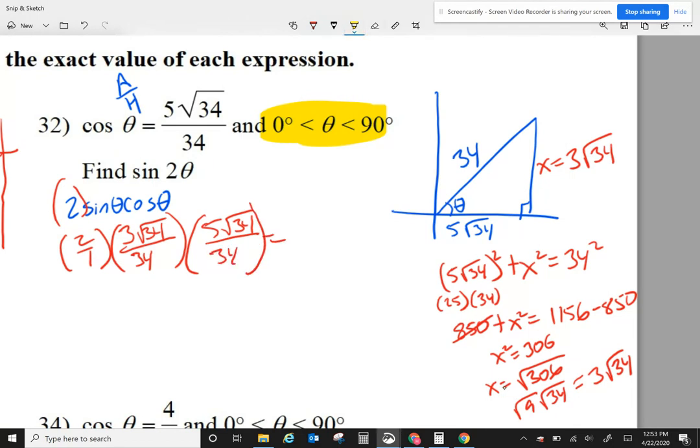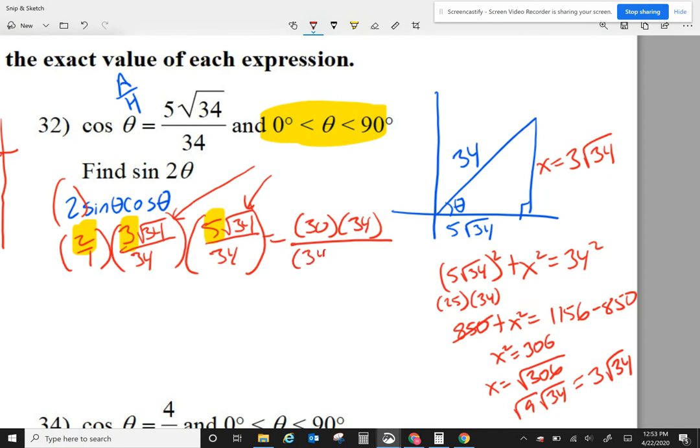All right, so on the top, let's take a look at the big numbers. 2 times 3 times 5, that's 30. Times 34. And my 34, because I have radical 34 times radical 34, is just 34. I'm not even going to worry about how much 30 times 34 is. Let me just leave it at that. At the bottom, I'm ignoring the 1 because it's all multiplication.